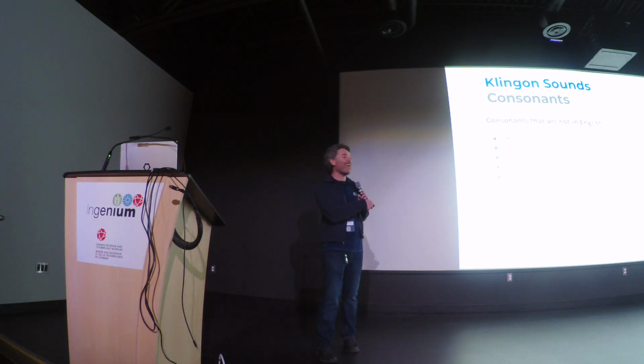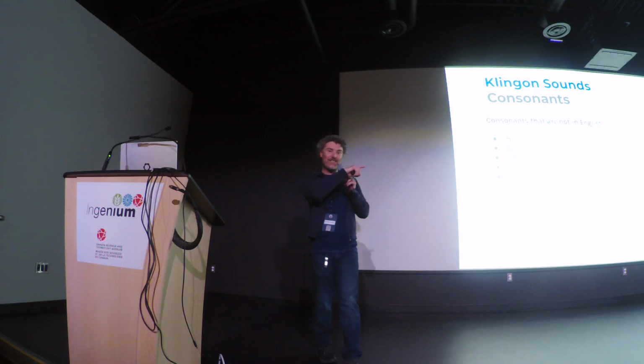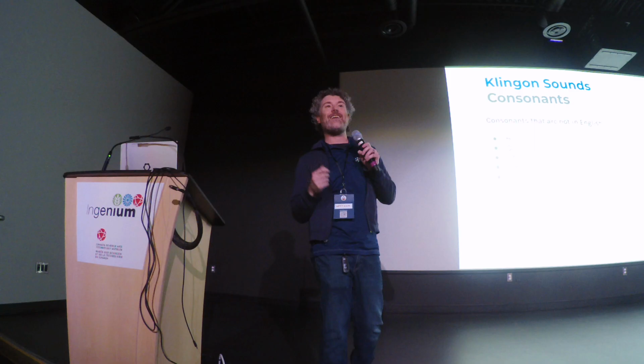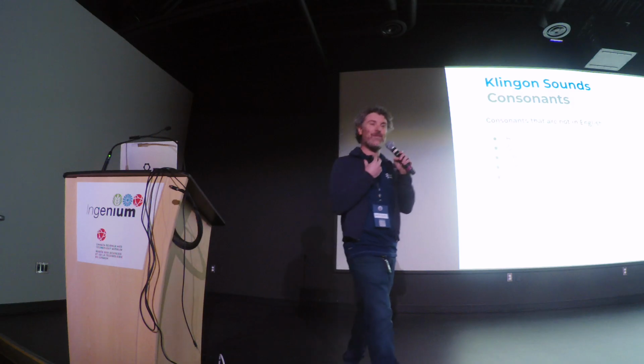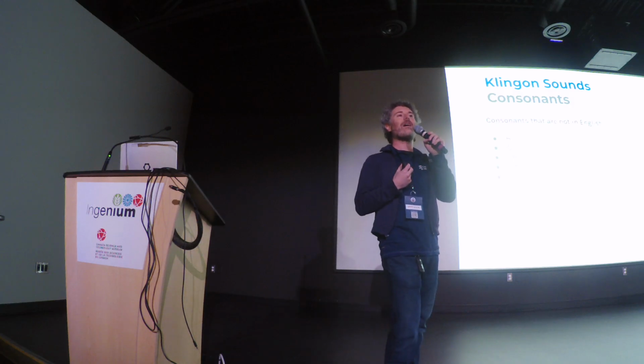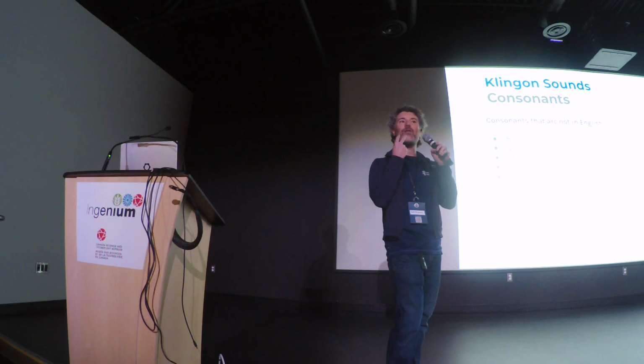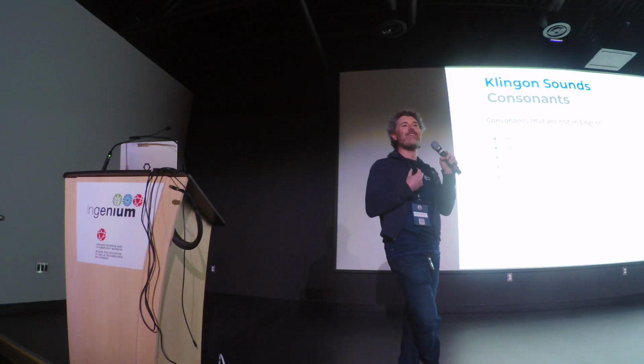While we're doing that one, we're going to work on this other one, which is a digraph too, the GH. This does not make a g sound. It makes the same kind of h, but we're going to engage your vocal cords with this one. It's like a growl almost.